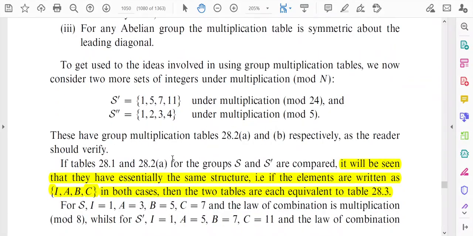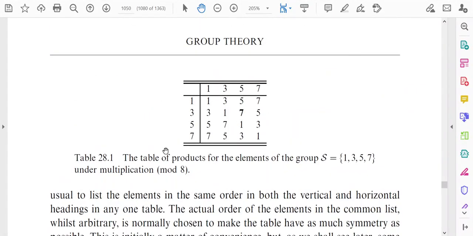For example, let us consider this group table. You see that this is the leading diagonal of the group, and in this leading diagonal there are unit elements. For example, here is 1, there is 1, 1, 1. So these are the identity which appears in the leading diagonal.